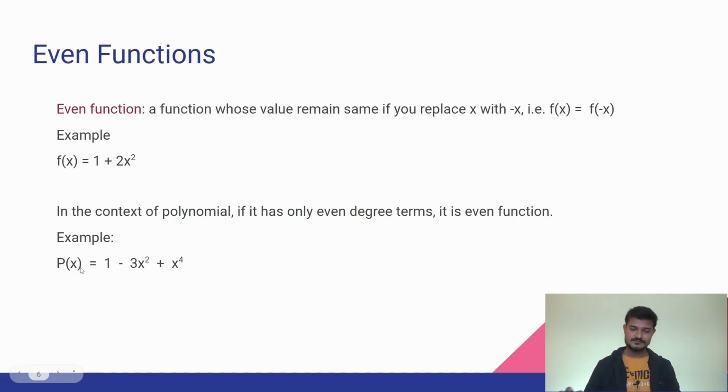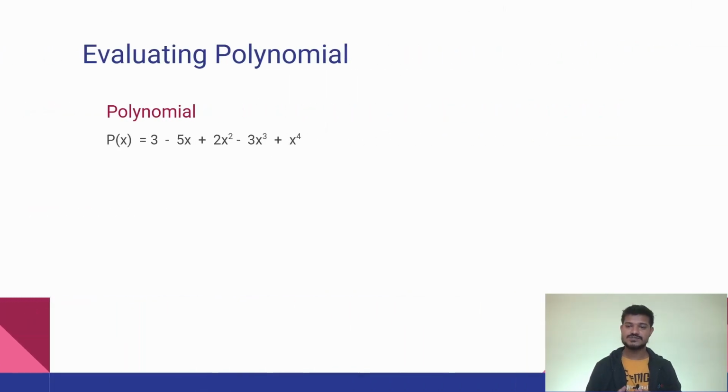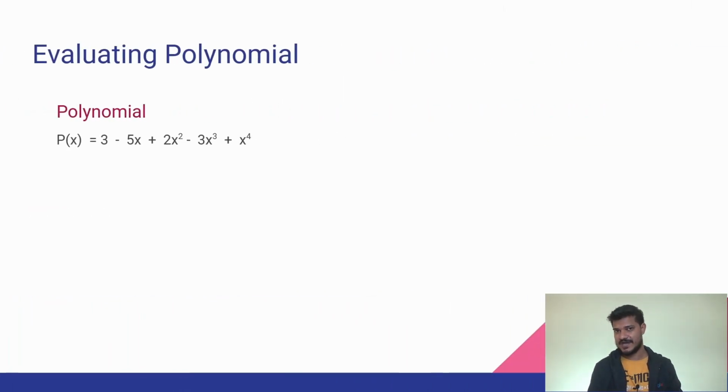All right. So now that we have knowledge of negative positive pairs and even functions, can we do something about the general polynomial that we have? Well, actually we can. Since we know that if a polynomial has only even terms, it is an even function, let's group together the even ones and odd ones.